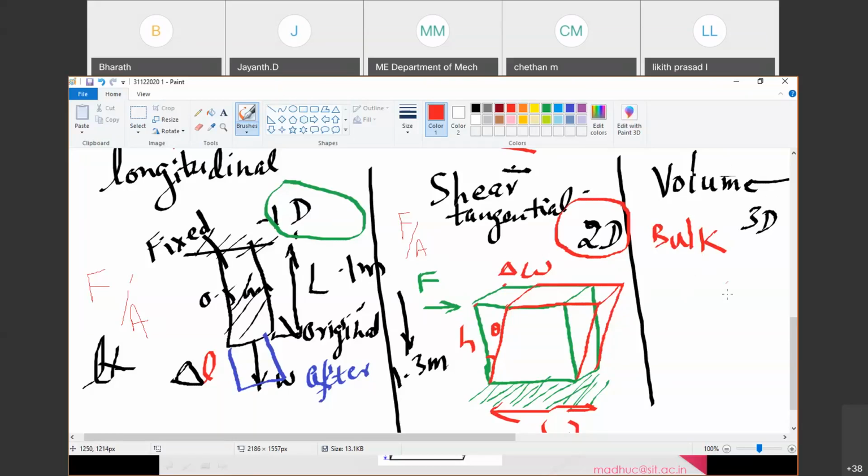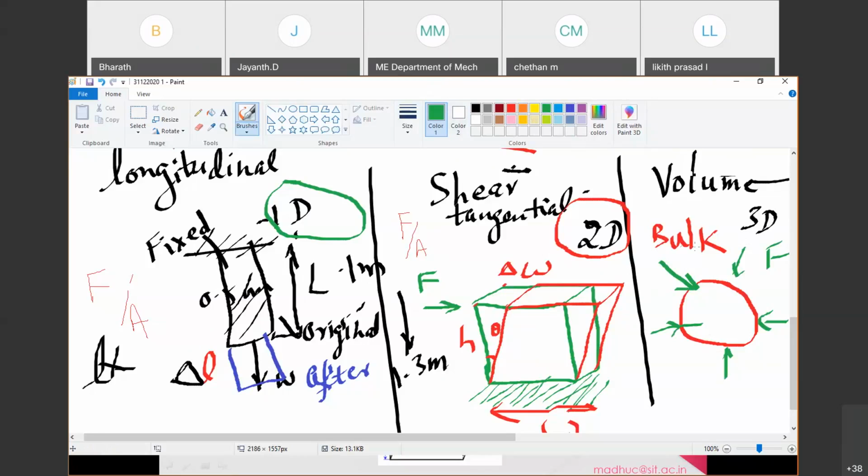If I take a ball, maybe your football or basketball, and apply pressure from all the sides, that means I hold the ball and try to squeeze it. If I apply the force from all the sides, this is going to shrink a little bit, right?